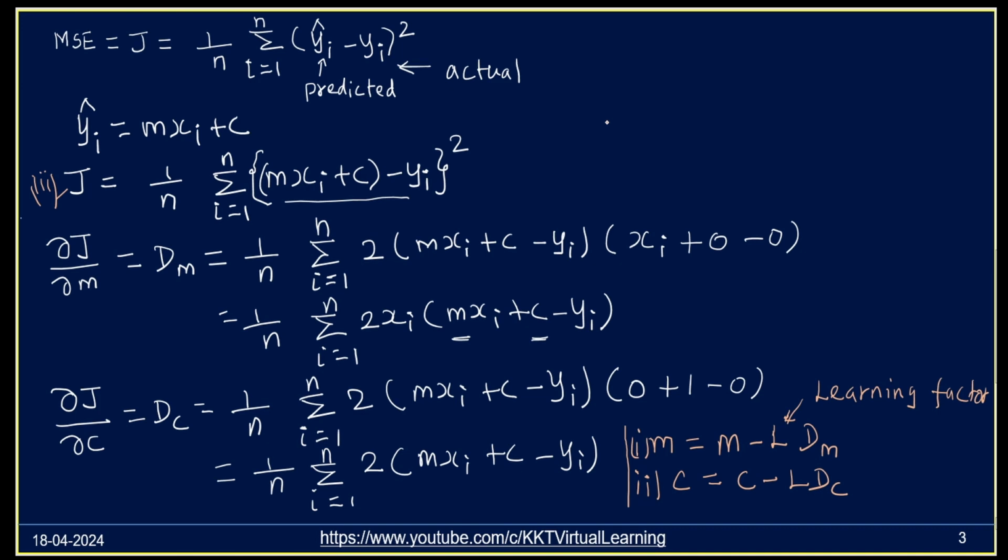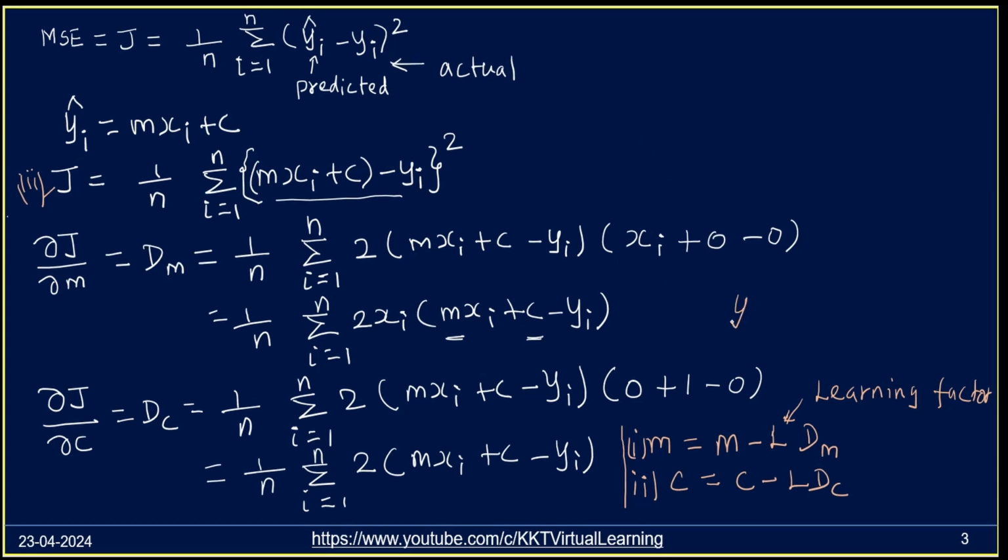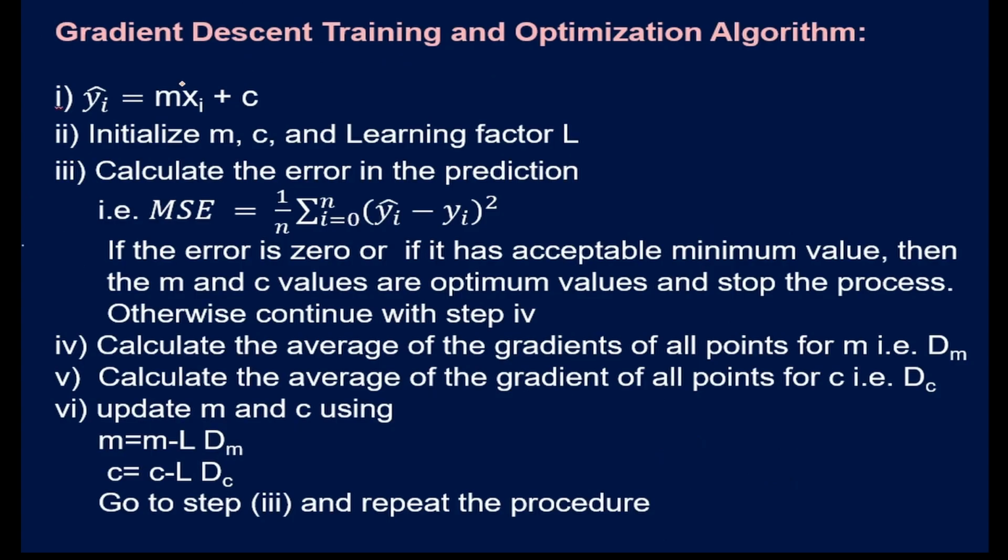If the cost function value is minimum or zero, you take those corresponding new values for m and c and use those values to form the regression line yi is equal to mxi plus c. Now let us summarize this approach.